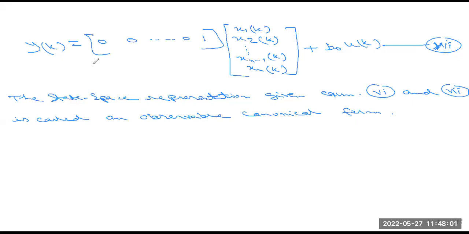So this is the observable canonical form.